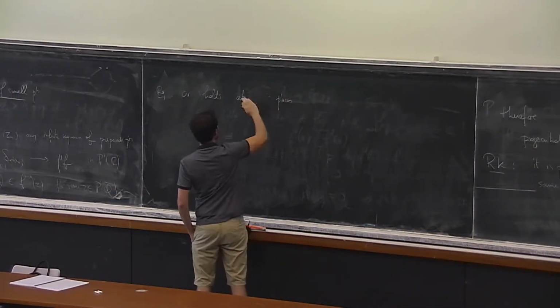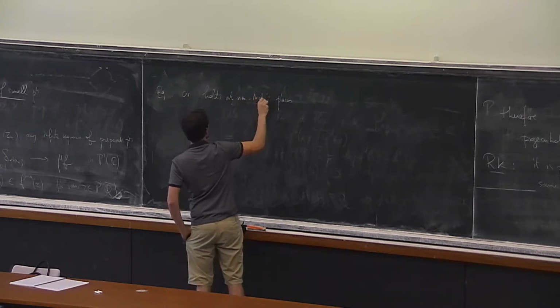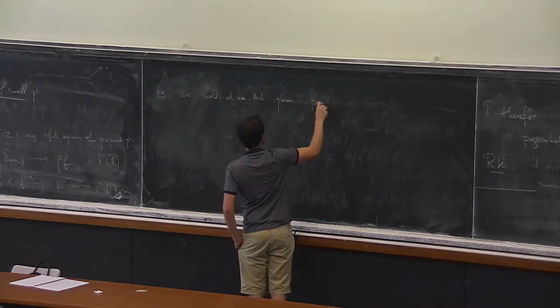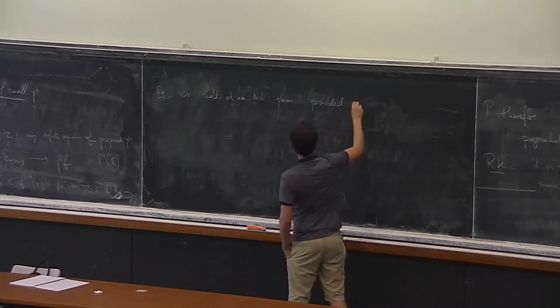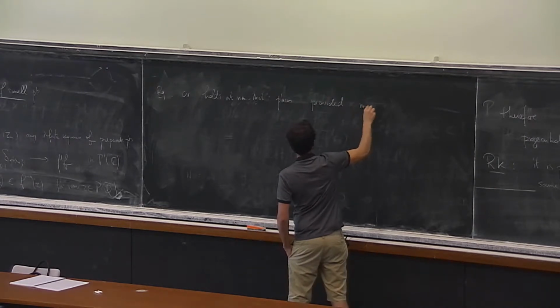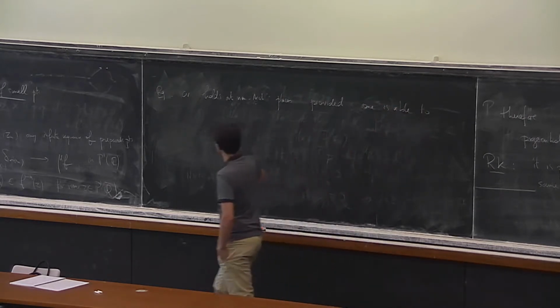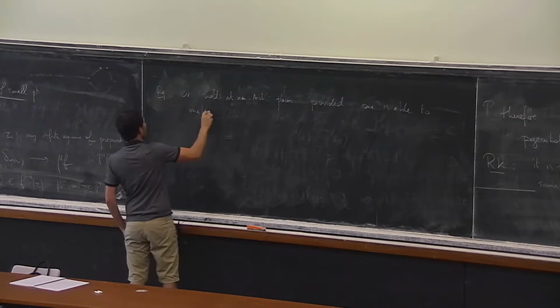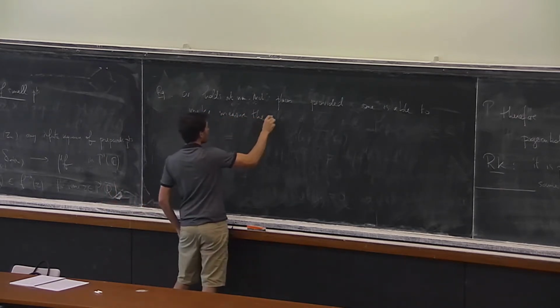So remark, the convergence holds at finite places, at non-Archimedean places, provided measure theory makes sense. One is able to make sense of measure theory, measure theory meaningful.